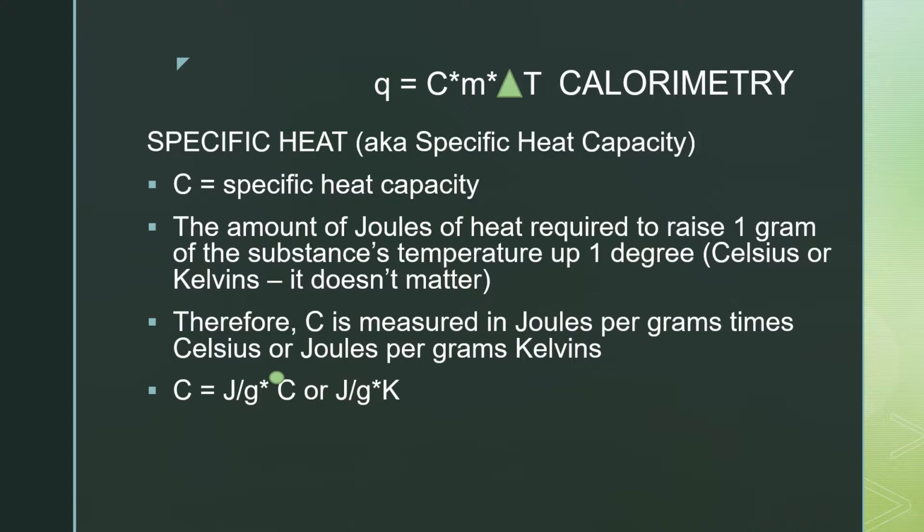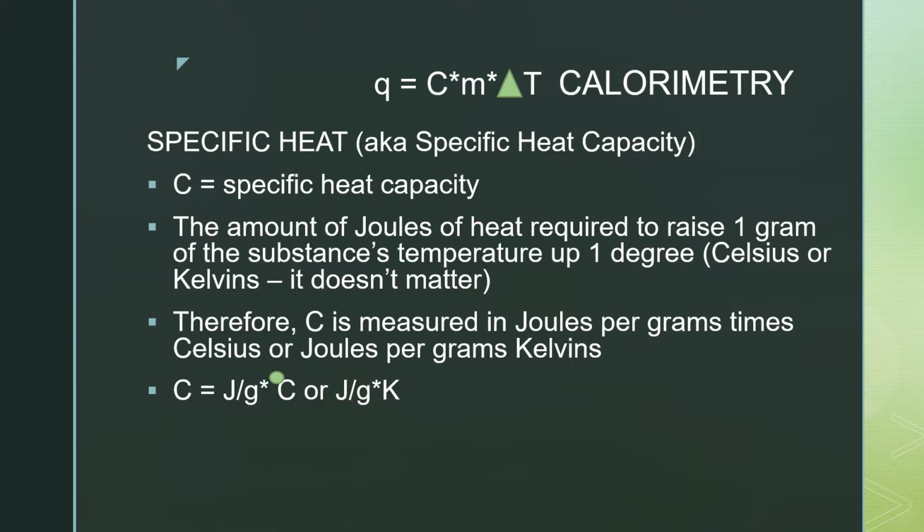Now the specific heat capacity is the amount of heat in joules that is needed to raise just 1 gram of the substance up 1 degree. So 1 degree of 1 gram, in joules, how much heat is required to raise that temperature.